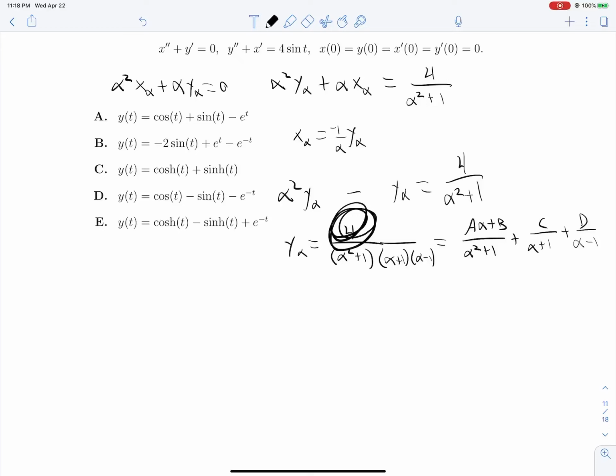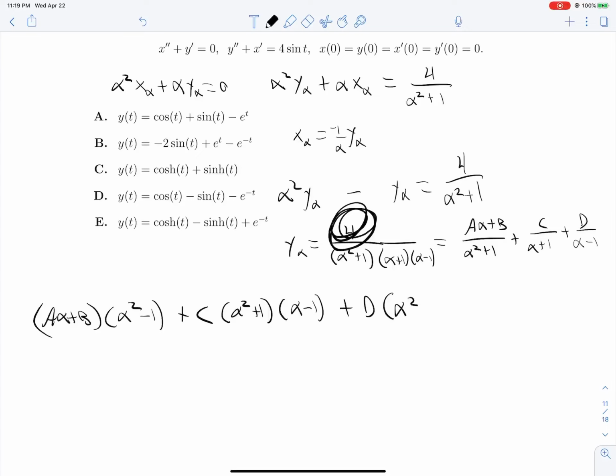So we're multiplying a alpha plus b by both of these guys, which we know come out to alpha squared minus 1. So that's useful. And then we're adding c multiplied by alpha squared plus 1 times alpha minus 1. And then we're adding d multiplied by alpha squared plus 1 times alpha plus 1.